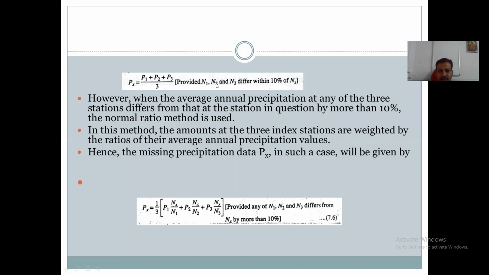So in this, N1, N2 and N3 are the average annual rainfall of the three stations. The difference in this average annual rainfall is within 10% of the NX. Otherwise, the amounts at the three index stations are weighted by the ratios of their average annual precipitation values.